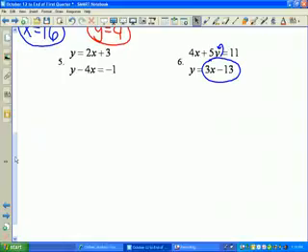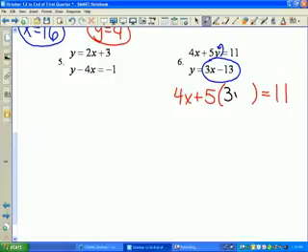That whole term, that whole expression is going in for y. So if I rewrote this, I would have 4x plus 5 parenthesis equals 11. The parenthesis is basically representing what I'm substituting in. And I'm substituting in my 3x minus 13.